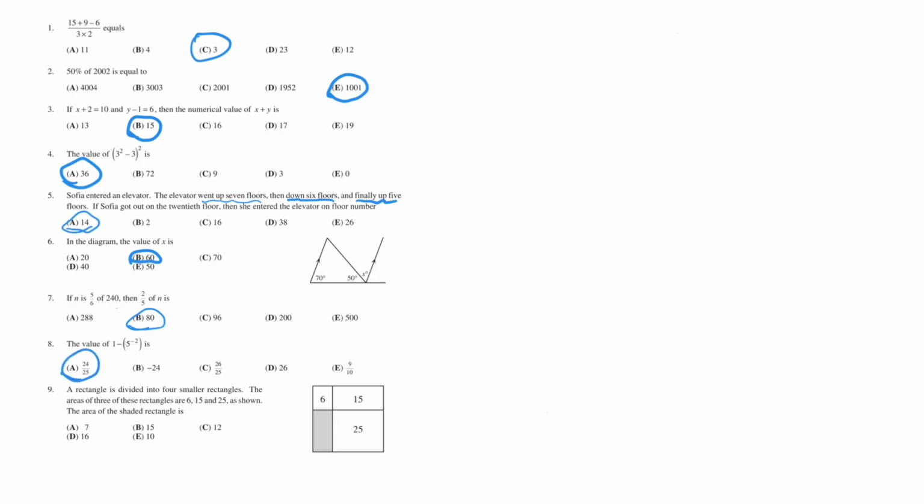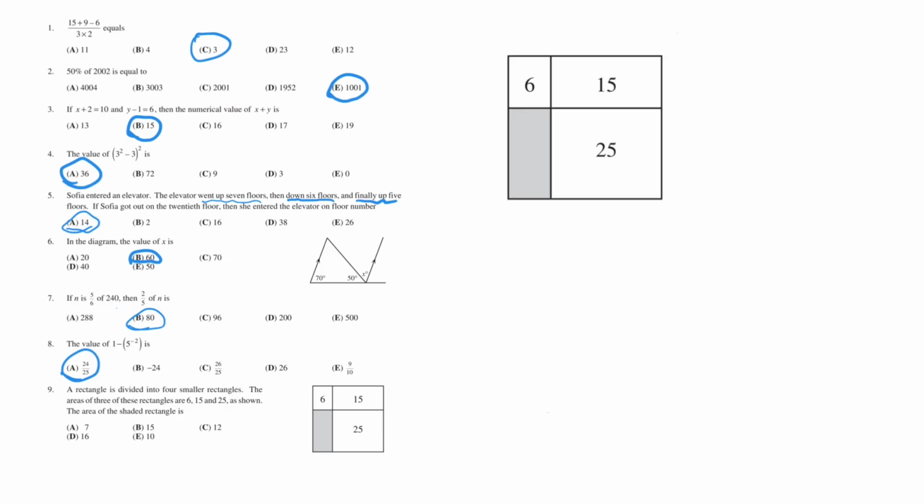Number 9. A rectangle is divided into 4 smaller rectangles. The areas of 3 of these rectangles are 6, 15, and 25 as shown. The area of the shaded rectangle is: look at the first row. 6 and 15, the common factor is 3.